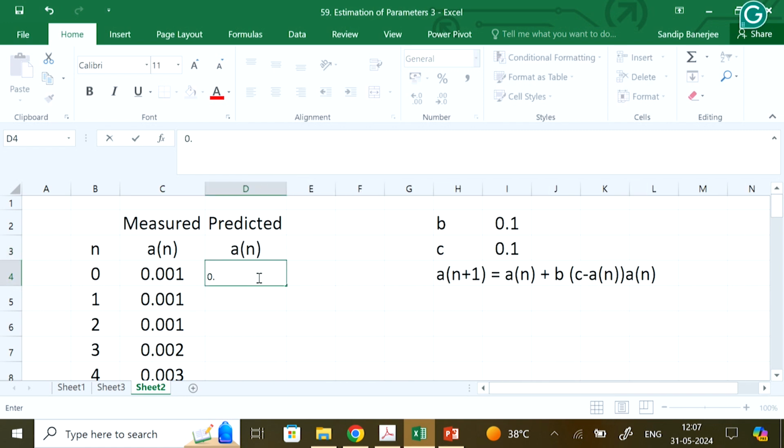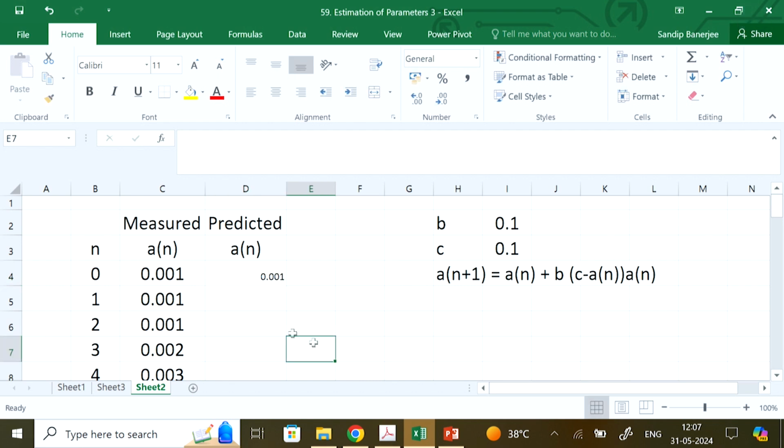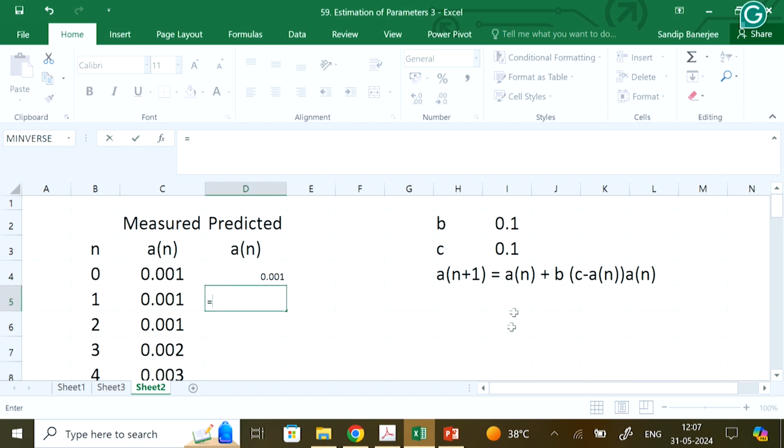I take this value to be 0.01, and then this value is A0, which is this, plus B times, which is a constant, multiplied by C times, again a constant, minus A0 multiplied by A0.